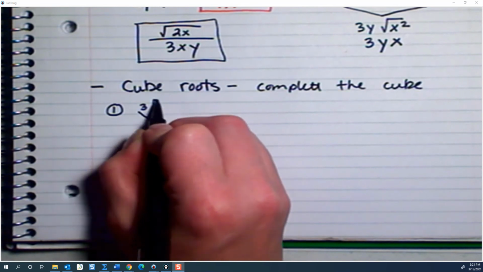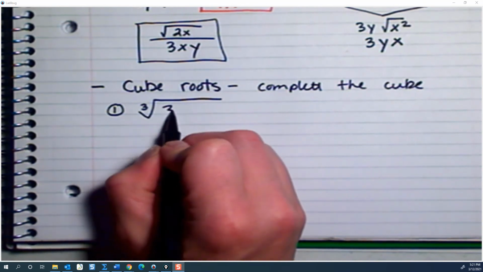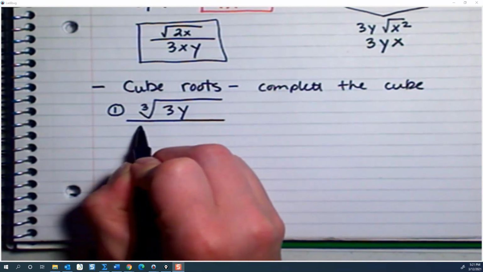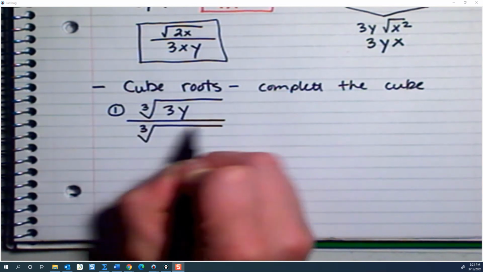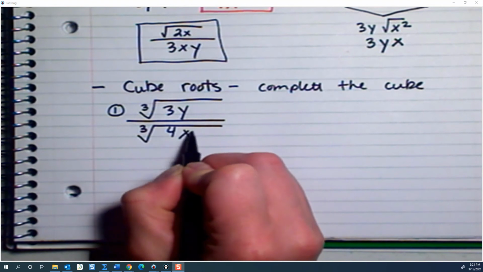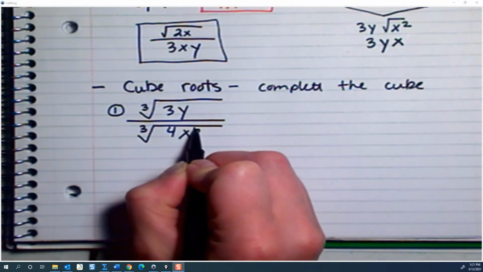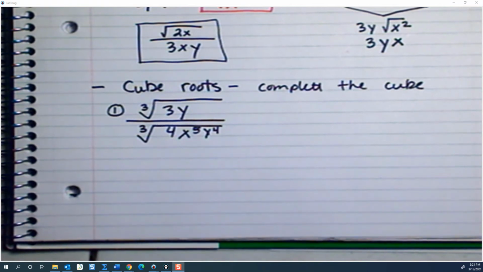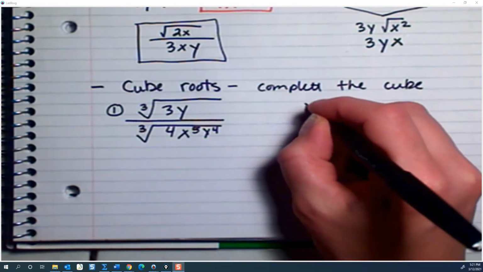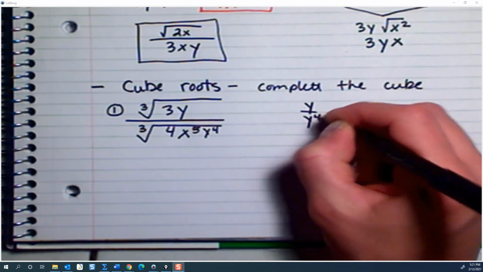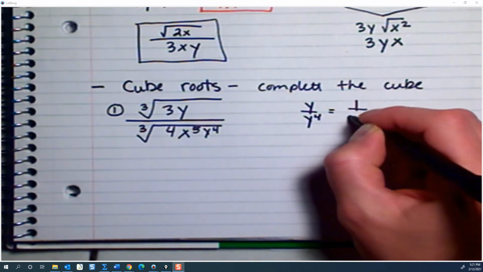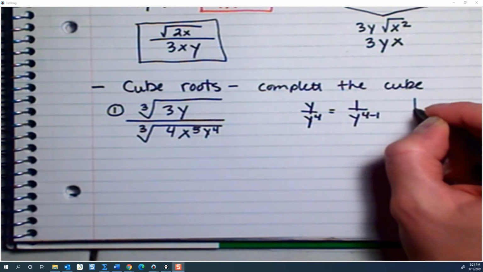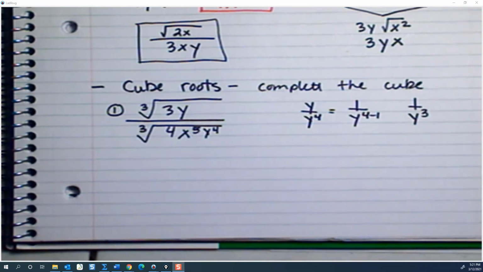Cube root of 3y over cube root of 4x to the 5th, y to the 4th. Okay, do I have any simplifying? I do notice that y over y to the 4th will become 1 over y cubed.